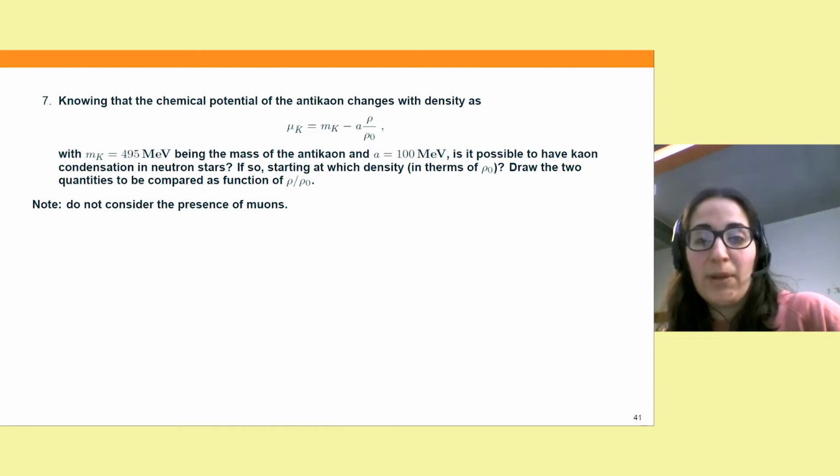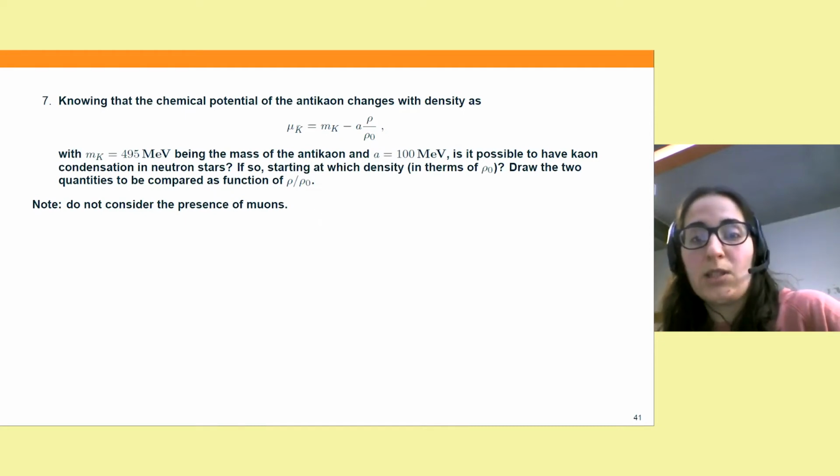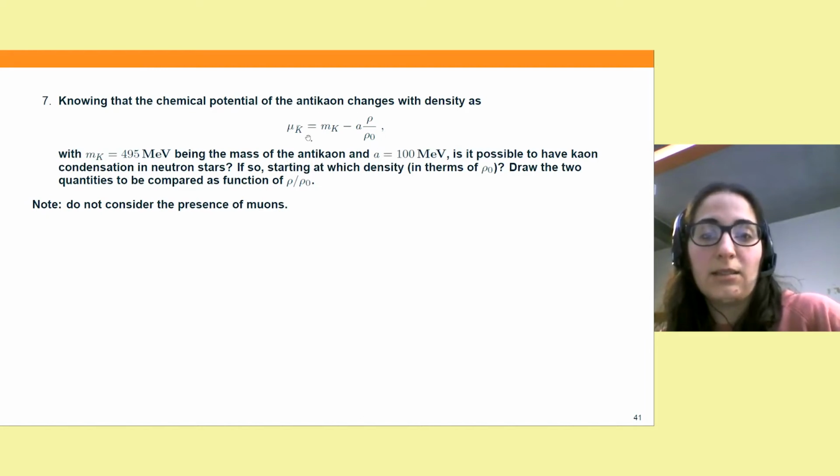And if this happens at a density that is low enough to be reached inside neutron stars, then this will mean that kaons condense inside neutron stars, considering that they satisfy this equation for the chemical potential. For now we will not consider muons, we'll just consider electrons and the kaons.